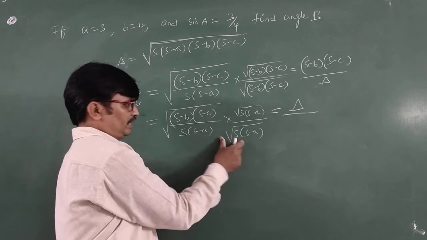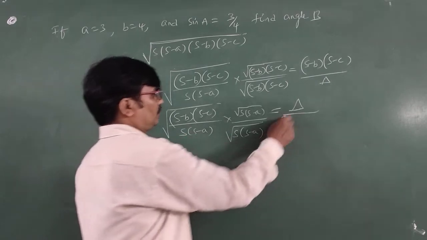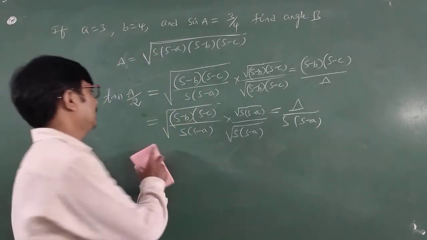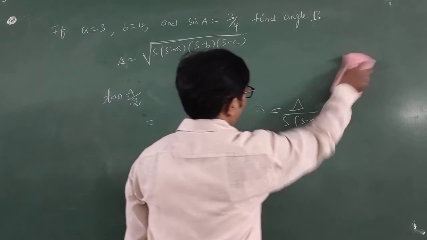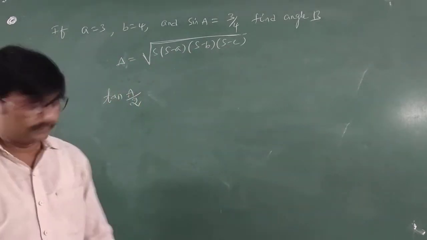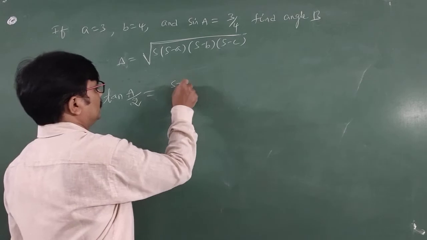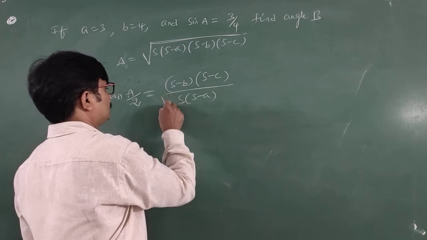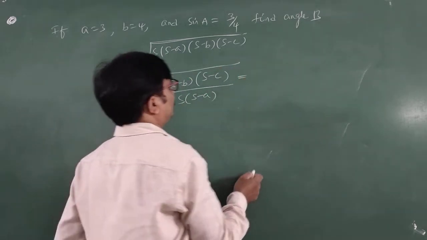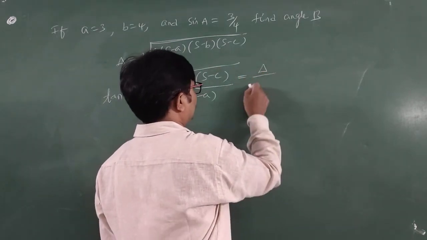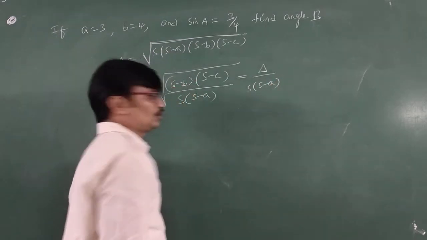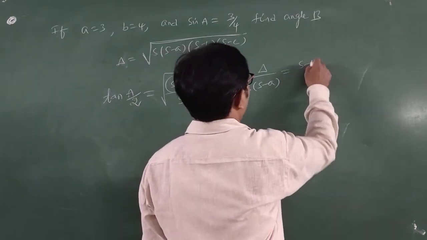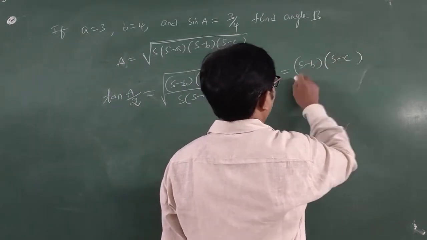Same terms are there, root S into S is S square, that is S minus A. Now the tan A by 2 of our half angle formulas we can also write as S minus B, S minus C upon S into S minus A. When we take the delta in the numerator, we can remove the root in the denominator.